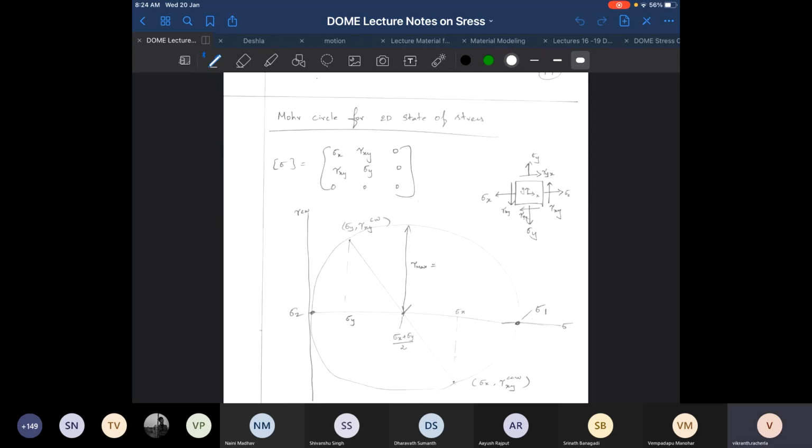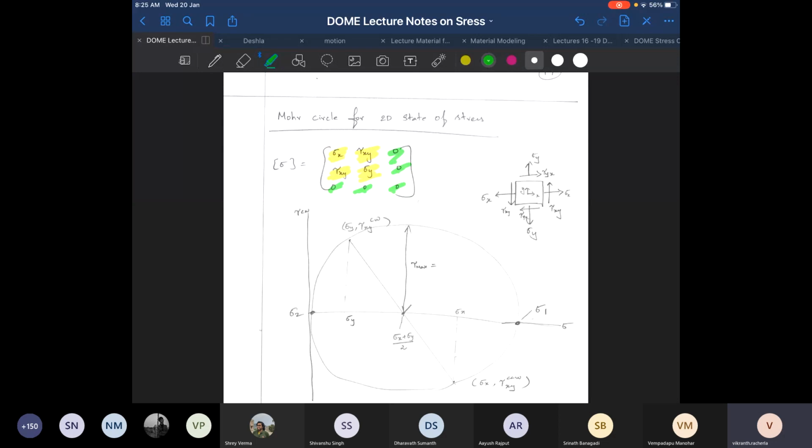It is used to find out the principal stresses. So one of the purposes is to find out the principal stresses. So if you are given a stress state of this particular form, so let us say that you have an in-plane state of stress and the other stress components are 0.